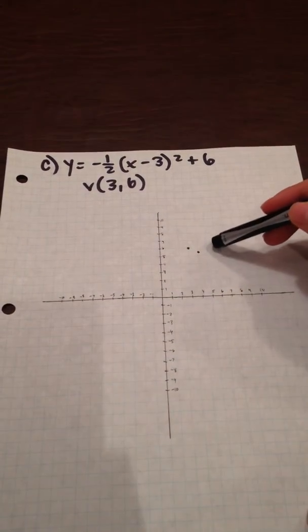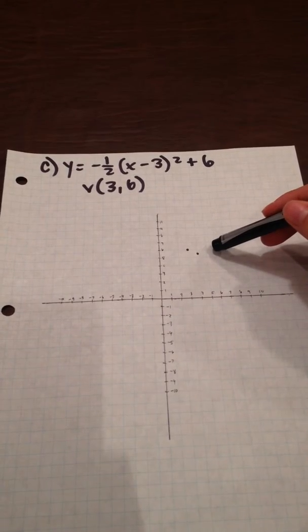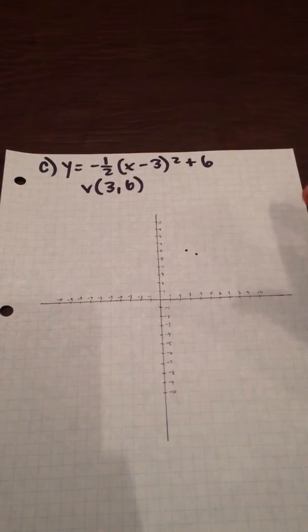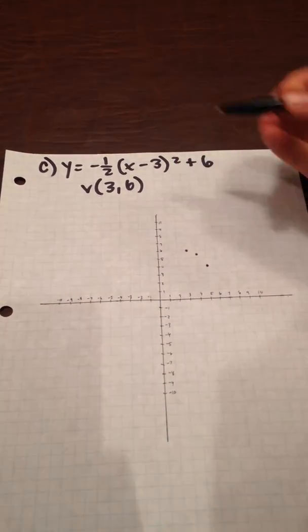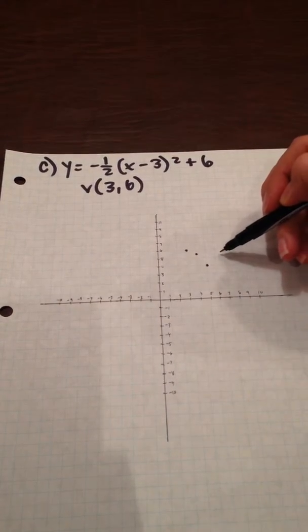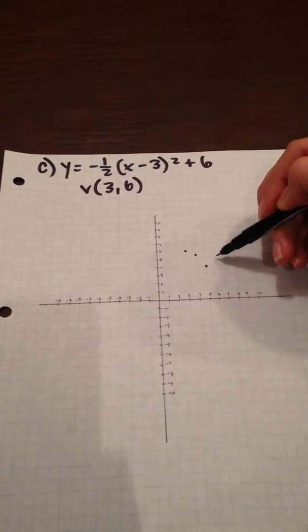And then for our second value, it would normally be 4 because 2 to the power of 2 is 4, but it's actually 2. Our third value, it would normally be 9, but it's 4.5.